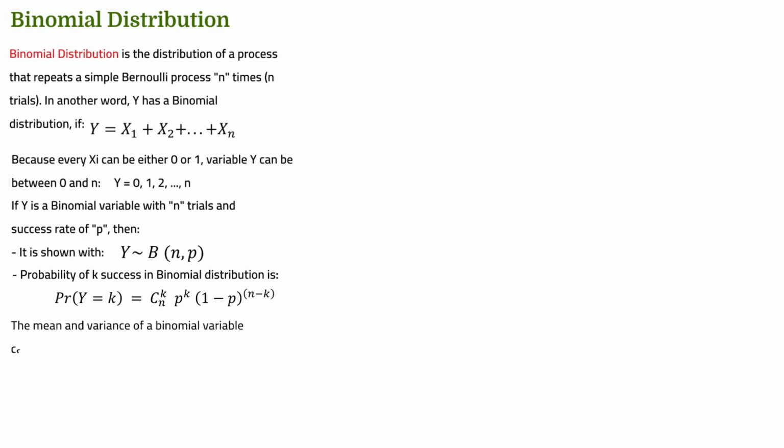The mean and variance of a binomial variable can be calculated as follows. Mu, or mean, is n times p. Sigma square, or variance, is np times 1 minus p.